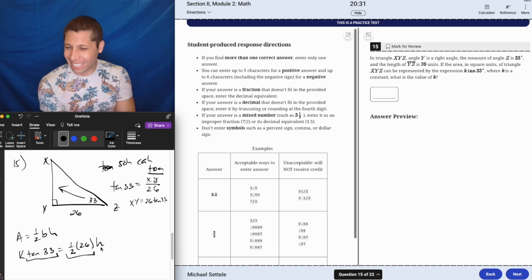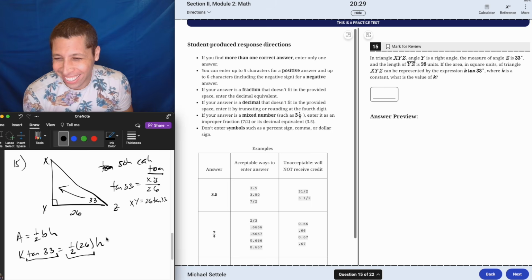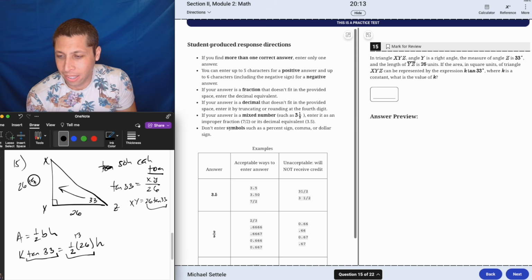What am I doing? Obviously this is 13. So 26 tan 33 is this. That's the height. So K, oh my God, tan 33 is equal to 13.